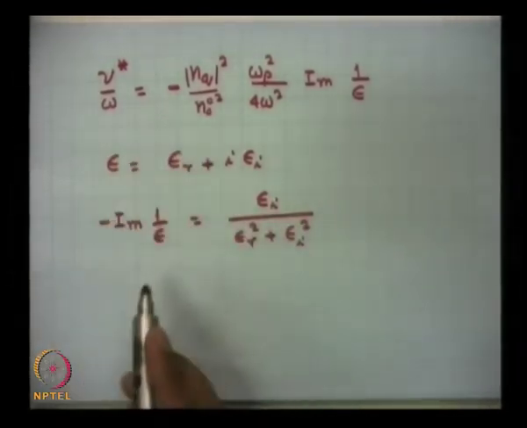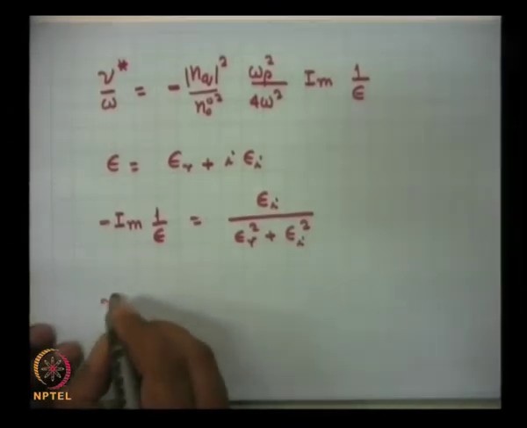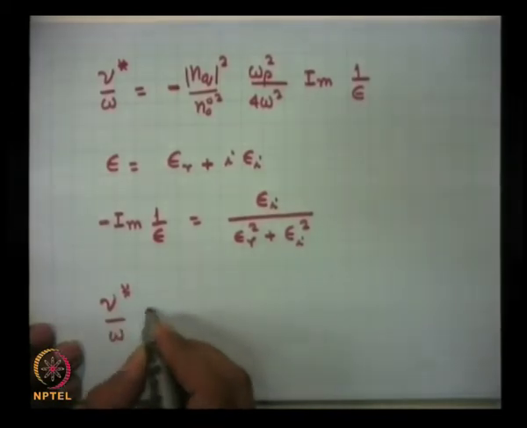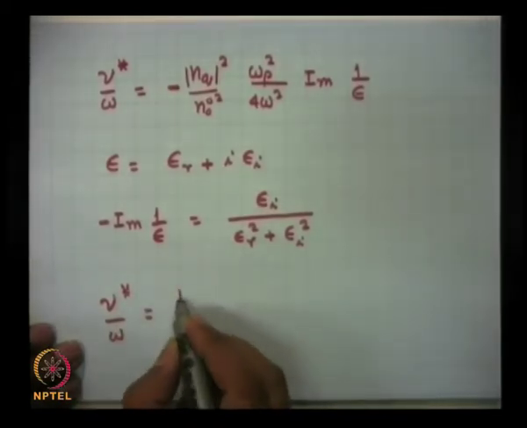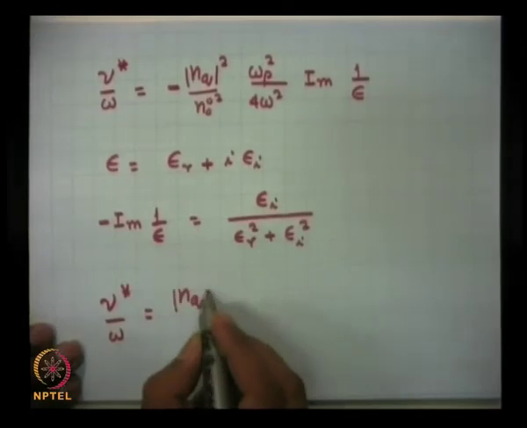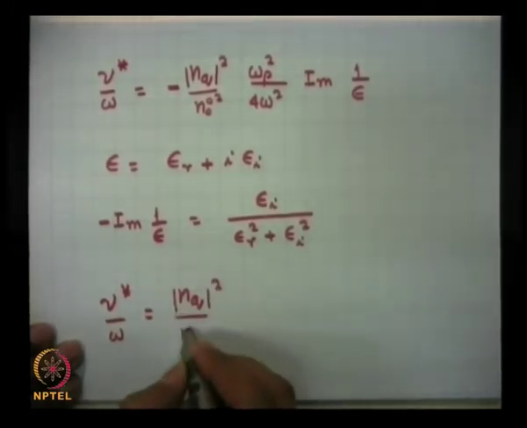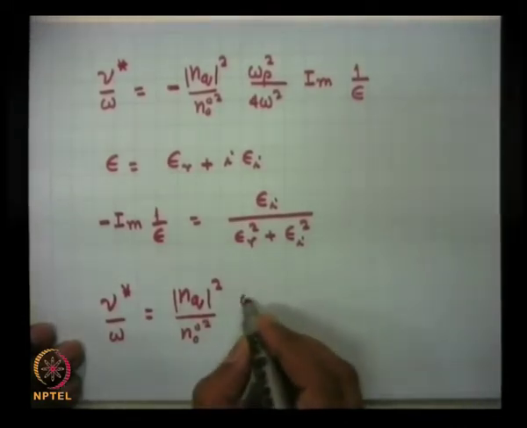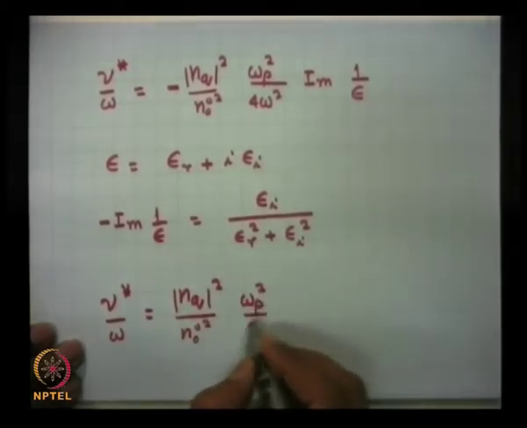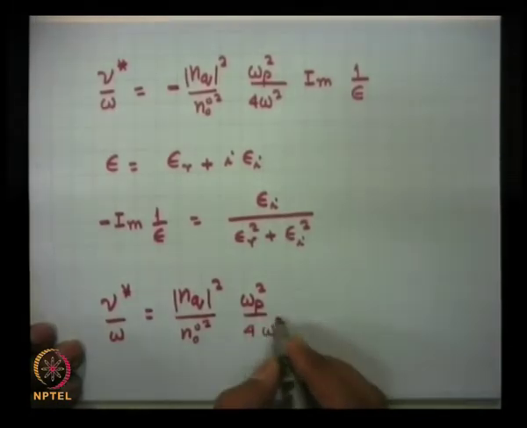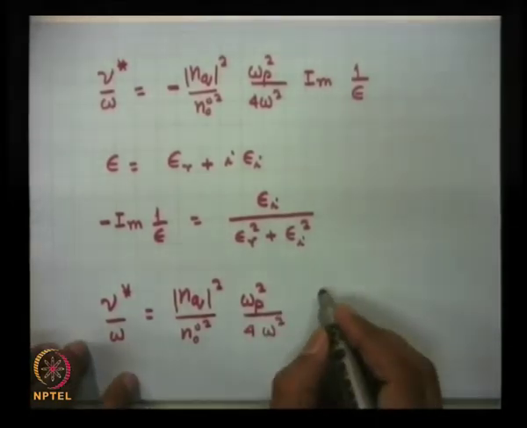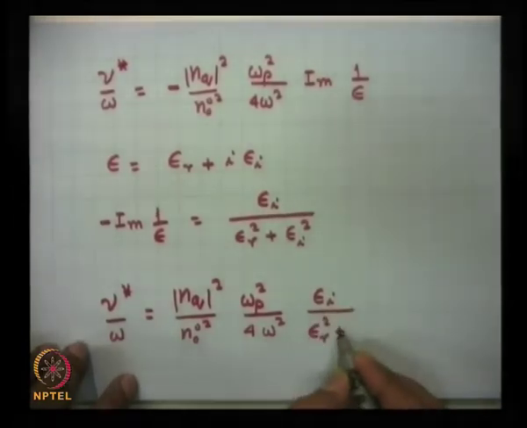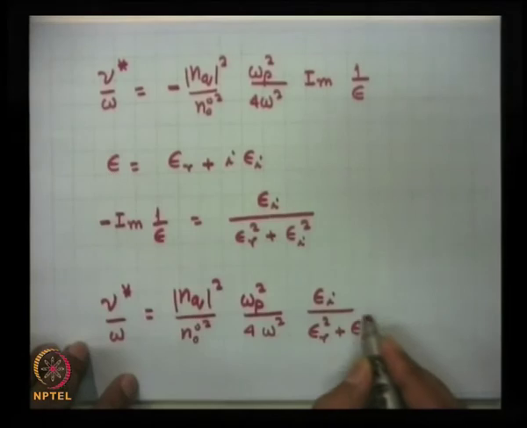So, the effective collision frequency that you are getting, this is also called resistivity, upon omega is equal to nq square upon n00 square into omega p square upon 4 omega square into epsilon I upon epsilon r square plus epsilon I square.